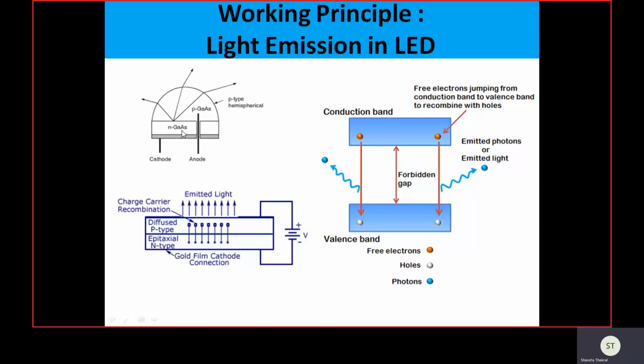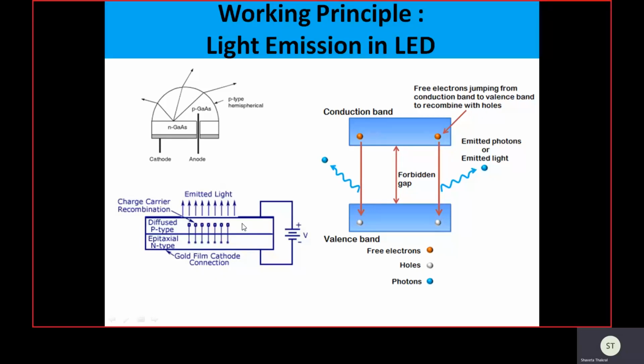This n-type gallium arsenide layer is acting as cathode, and the epitaxial p-type gallium arsenide layer is acting as the anode. And here the dome type structure is there, so that we have the emission of light in all directions. And as we have discussed, the light is emitted under the condition that the PN junction diode is forward biased.